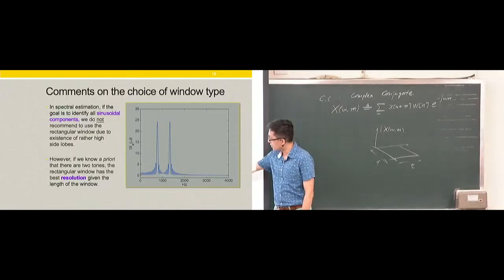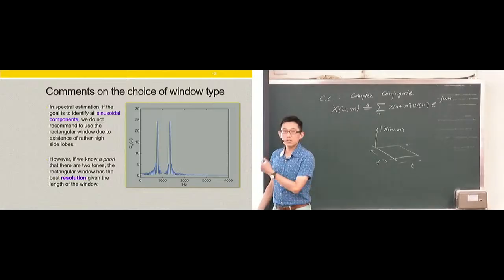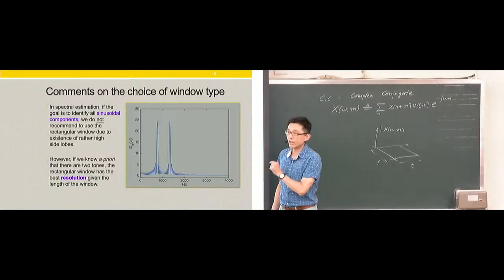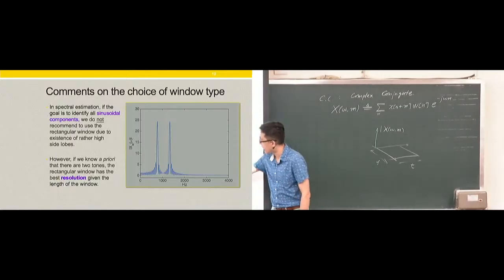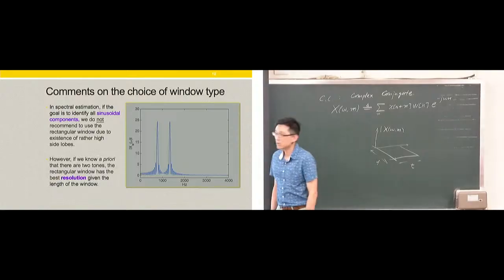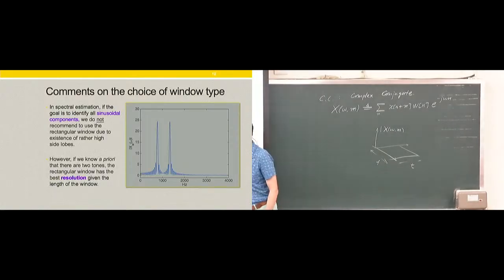Oh no, sorry, there's a peak, but it does not correspond to a tone. It's just a side lobe of this main lobe. Then you need some extra effort to examine that, to exclude the possibility that there really is a smaller tone at how many dB? 4 dB, I don't know. If you're seeing a big tone at 24 dB of magnitude, oh no, not 24 dB, but 24, linear scale right here.